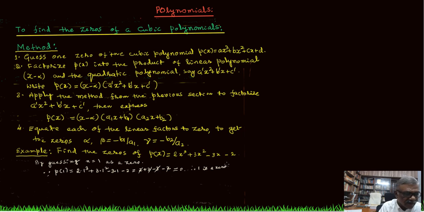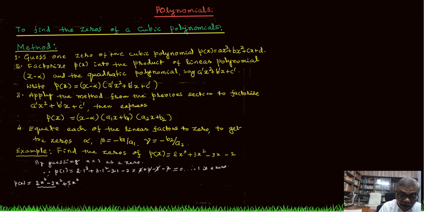Now using this, I would like to write down p(x) = 2x³ by adjusting the terms: 2x² − 2x² + 5x², because in the polynomial 3x² is there and we have to get x − 1 as the factor, and therefore we can write this. But −2x² is not there, only 3x² is there.